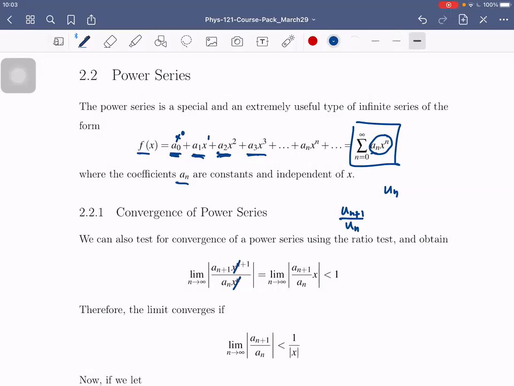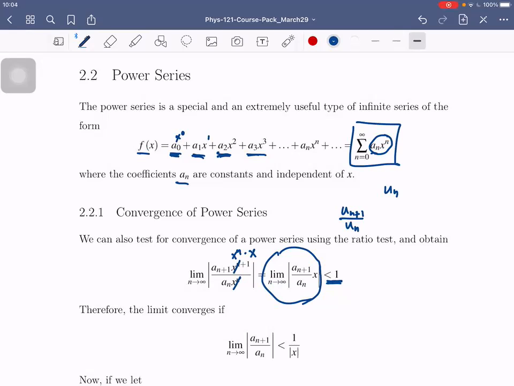Matitira dyan ay, kasi ito ay x raised to n times x. So now we have the limit of absolute value of the coefficient a sub n plus 1 over a sub n times x. Ngayon, less than 1 kasi ito yung criteria natin for convergence. So this expression should be less than 1 in order for the power series to converge.